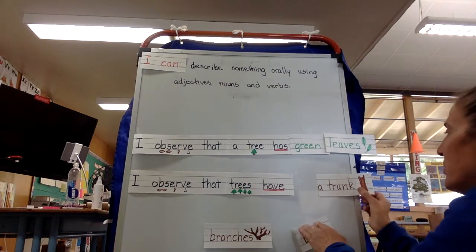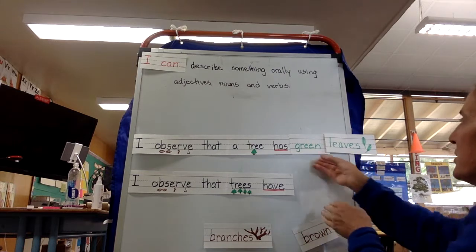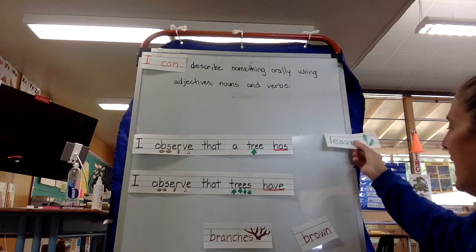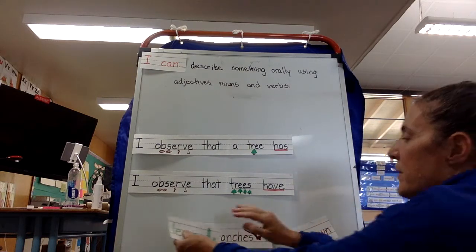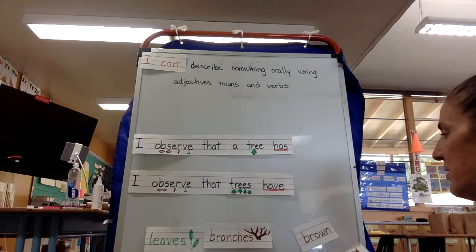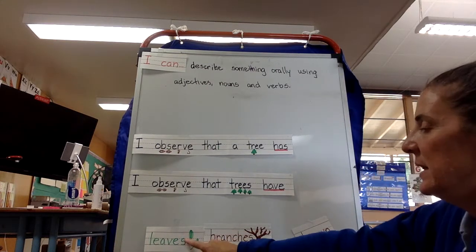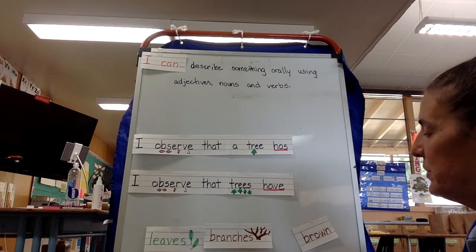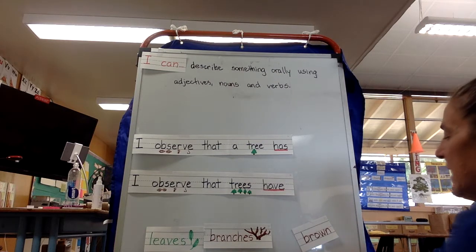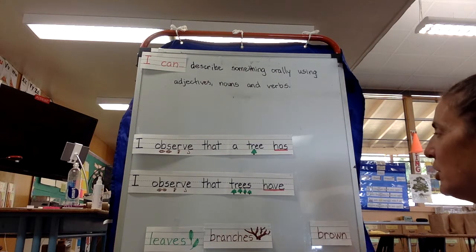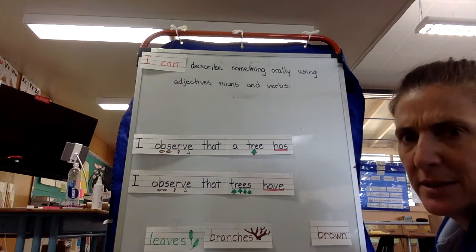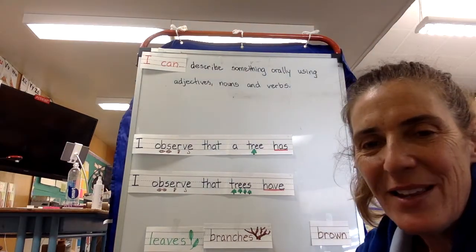When you get your turn, first try adding your noun, which is either leaves, a trunk, branches, roots, and then have a second turn where you try adding your adjective in. It's a little tricky. Go slowly and you'll figure it out.